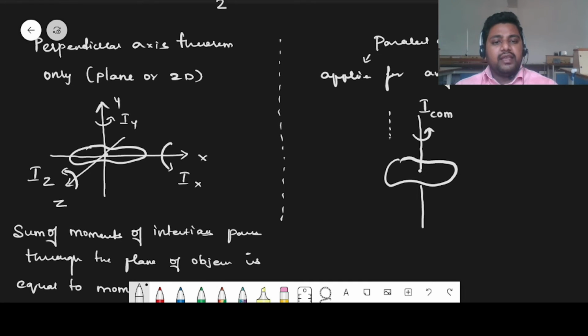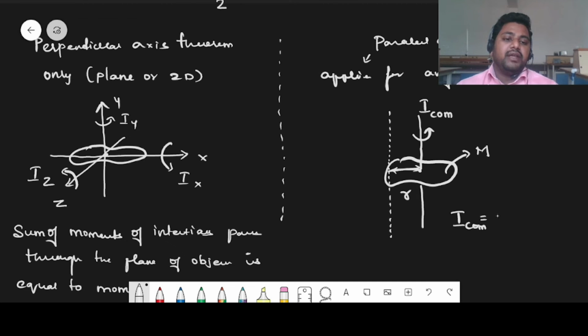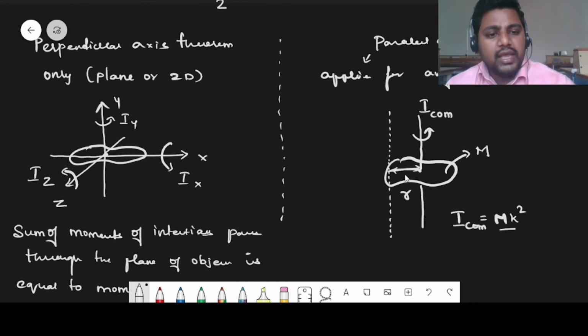If they are asking for the moment of inertia about an axis parallel to that particular axis, let's say the distance between the two is r, the mass of the object is m, and the moment of inertia through the center of mass can be written as m k square. We don't know the value of k, so it can simply be written as m k square.